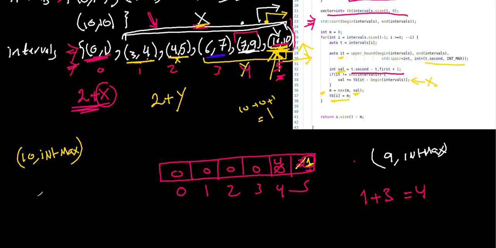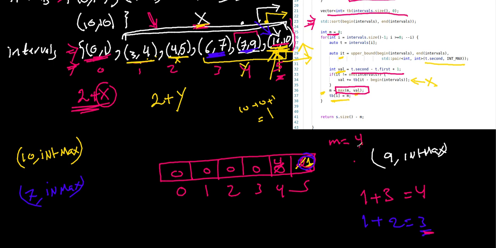Then we move to 6, 7. Again, we search for 7, INT_MAX. What is the first interval that doesn't overlap with 6, 7? This one overlaps, so the pointer will be on this one, 10, 10, and the value at 10, 10 is 1 plus the length of the current one, 2, which equals 3. And notice here we take the max, so m contains the max until now, which is 4.